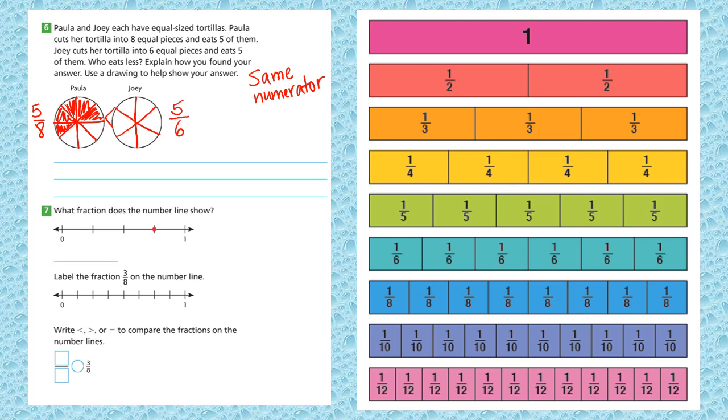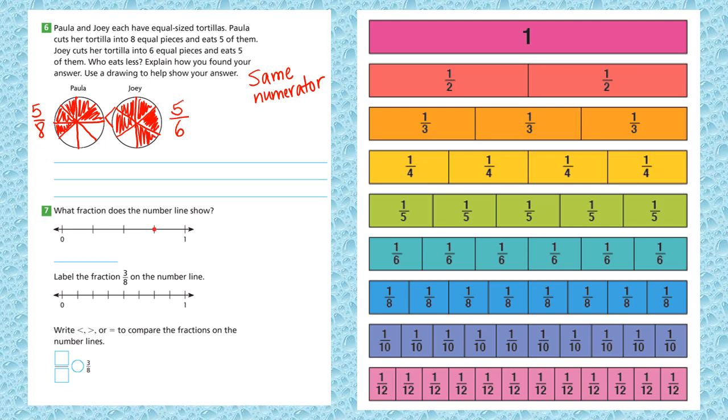Now I'm going to go ahead with Joey and I'm going to cut his into 6 equal parts. Okay, and he's going to eat 5 of those parts. So 1, 2, 3. Oh, wow, I noticed that 3 parts out of 6 is half of that tortilla. 4 parts and 5 parts. So my comparison was correct.